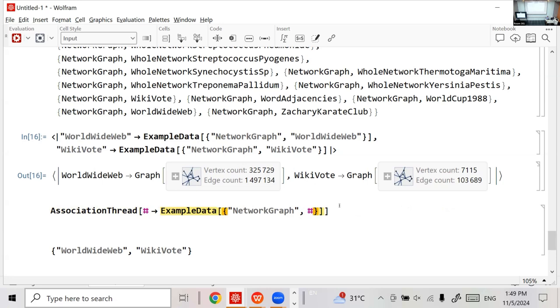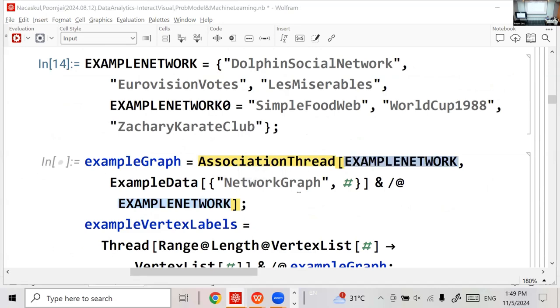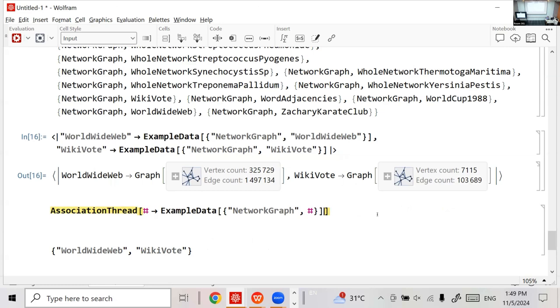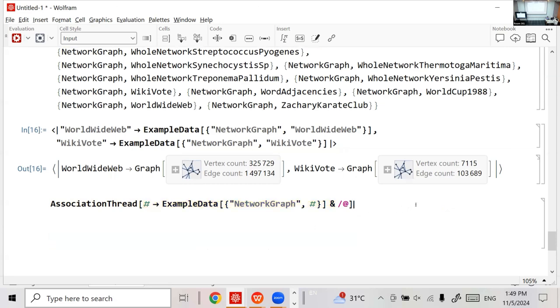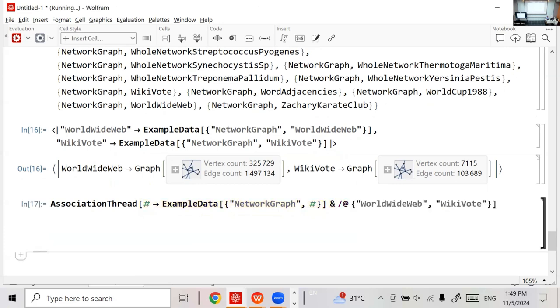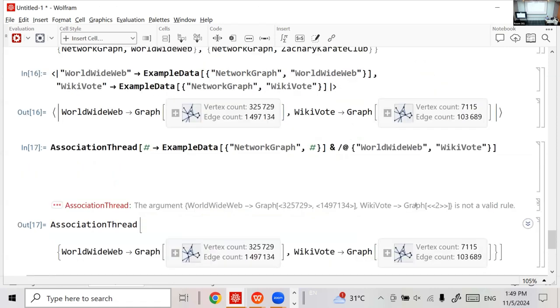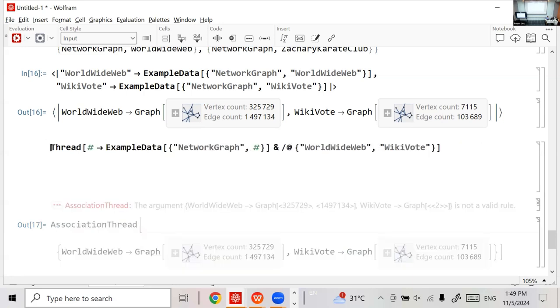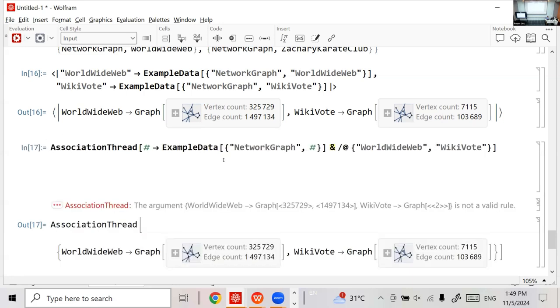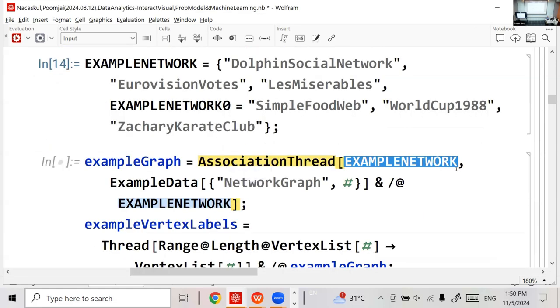And I make this a function, and then I apply it to this. That's all.